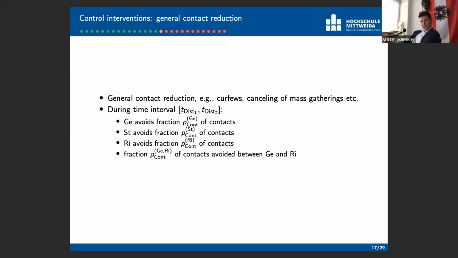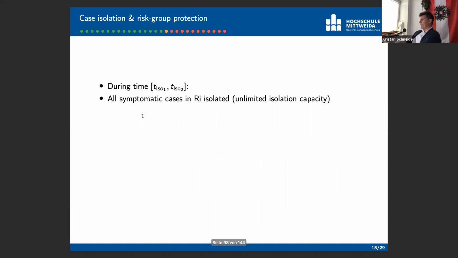They can only avoid so many of them. They can protect themselves to efficiently reduce the number of infective contacts, but it depends pretty much on the implicit structure of the population. So the general contact reduction is essentially the lockdown, which just means a fraction of contacts in each group is avoided.